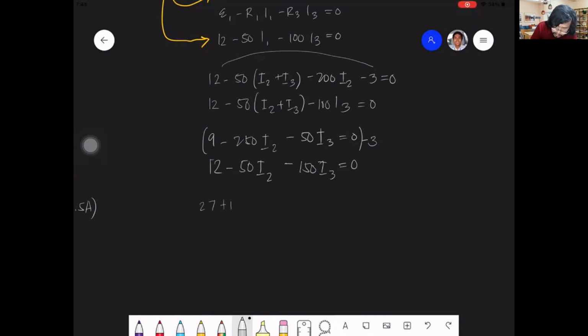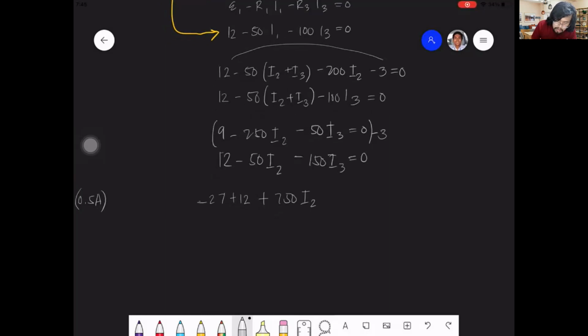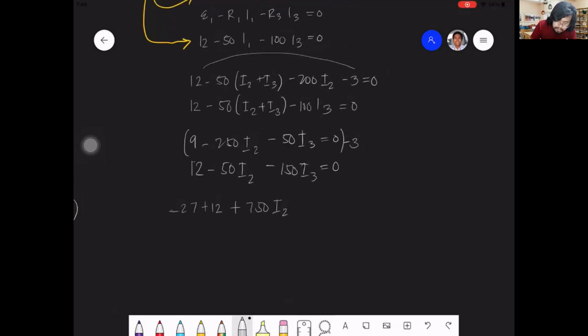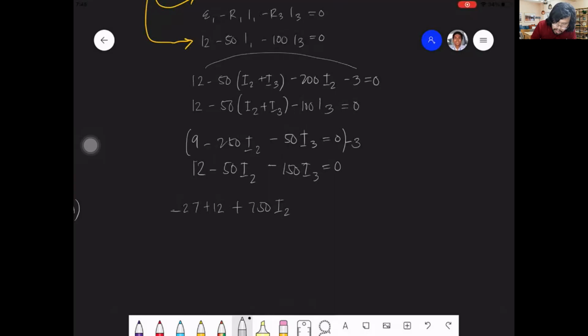Plus 12 minus 27, sorry, plus this 750 I2. Again, we add the 50, so this is going to be 700. I'm cutting short the solution, so you can recheck this later.